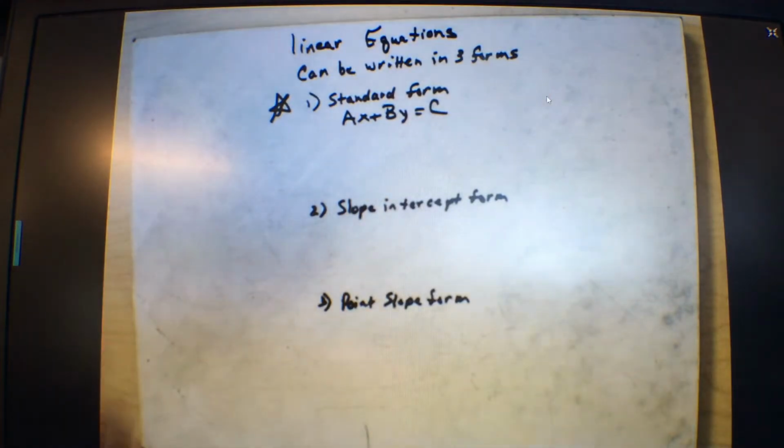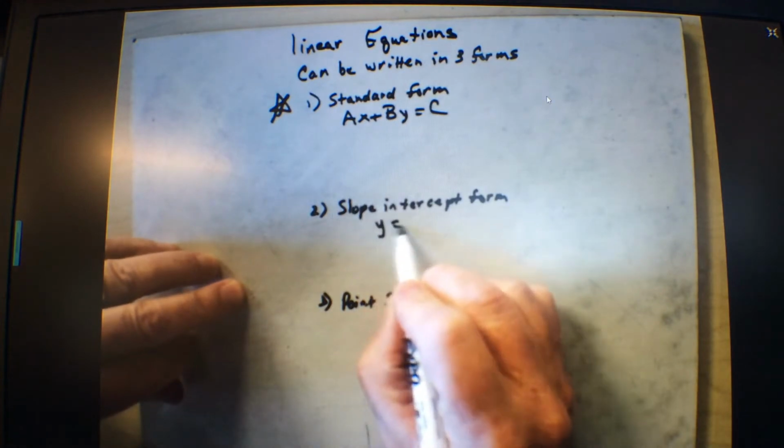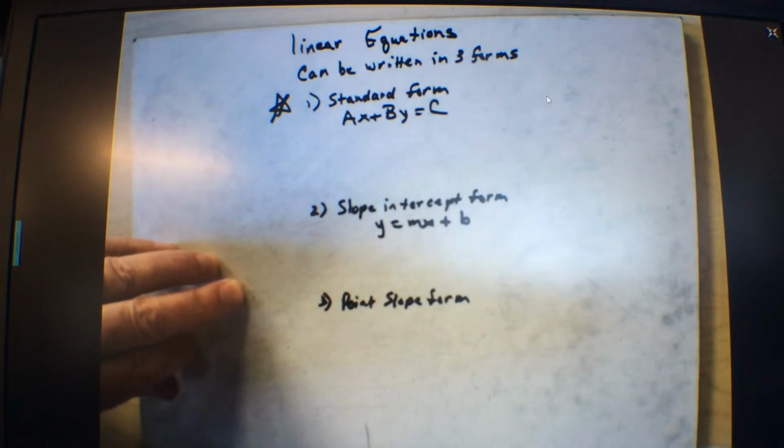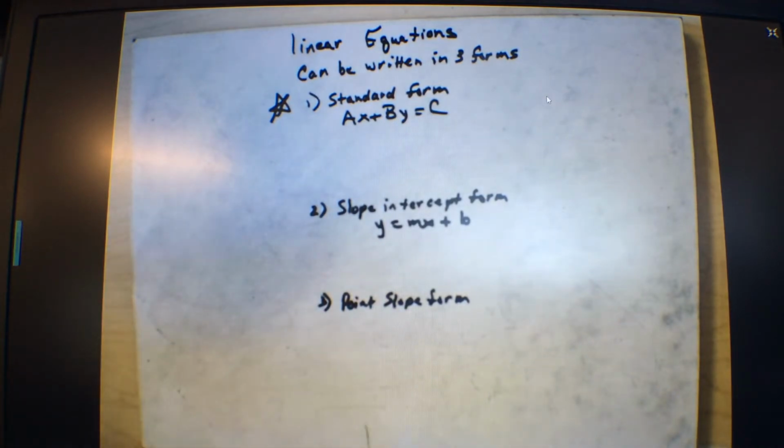All right. If I ask for the slope-intercept form, you put Y equals MX plus B. Now you will notice, if you look above Chuck on the wall, clear to the top, there it is in purple. So this is called slope-intercept form. It is very important. Okay?